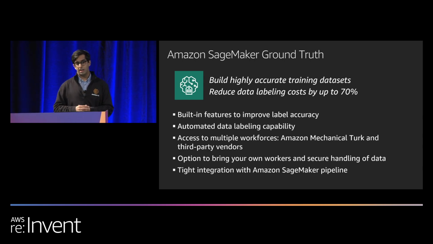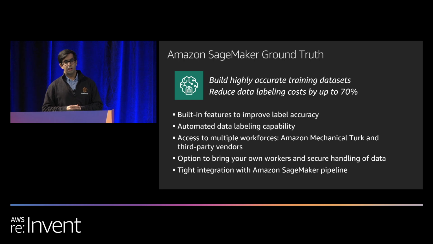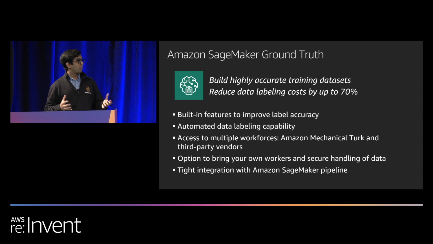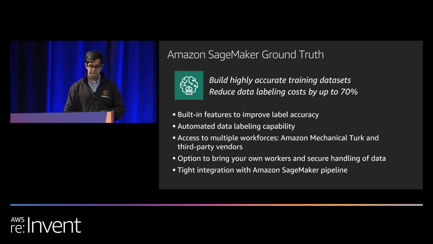So we host a data labeling application for you, and you can onboard your own internal teams to perform the labeling for you. And then finally, we are part of the SageMaker pipeline, and we work very nicely with the different SageMaker components, right? So there's a tight integration with the SageMaker pipeline.